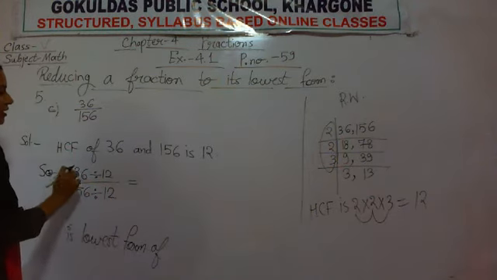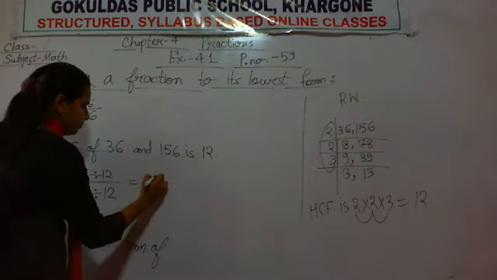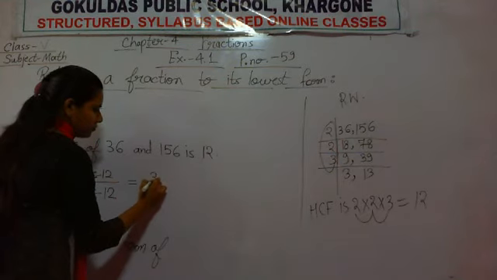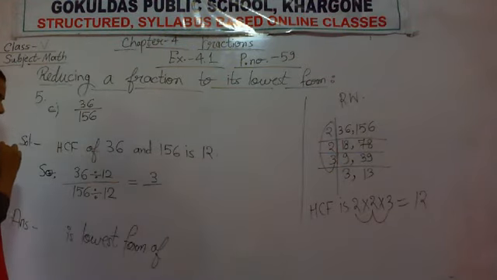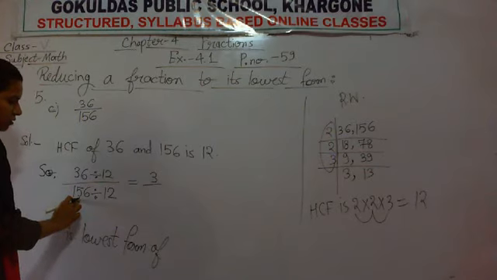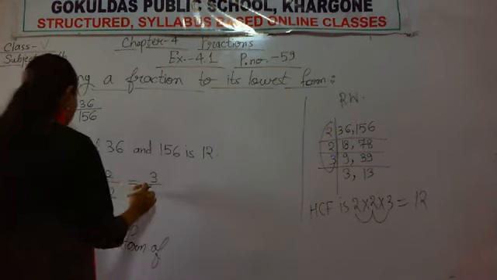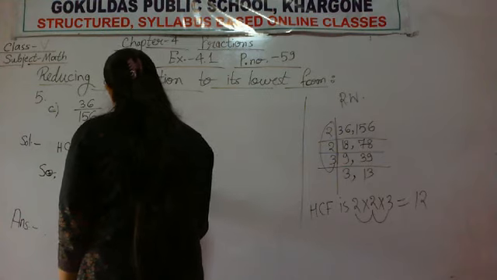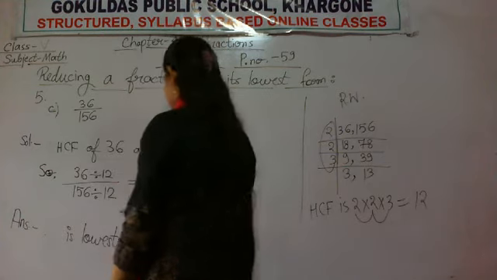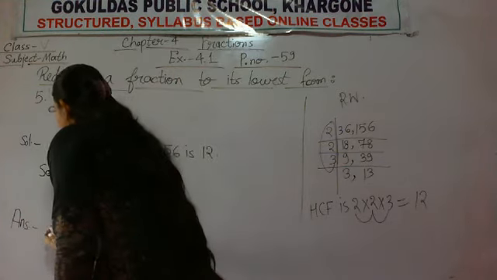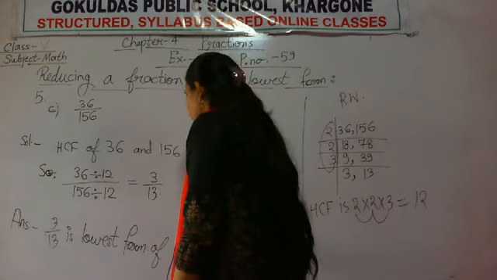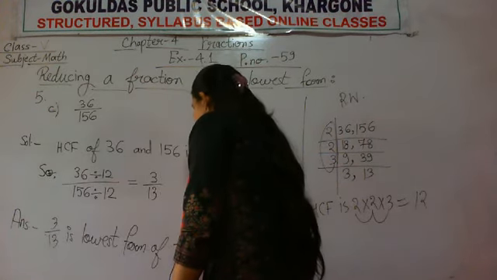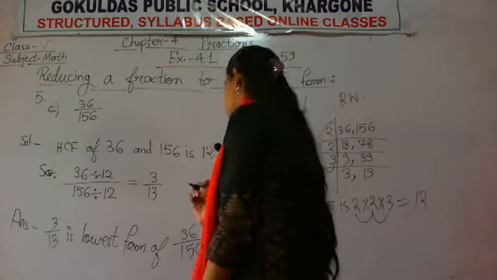Now when we divide 36 by 12, you will get 3. When you divide 156 by 12, your answer will be 13. So 3 upon 13 is the lowest form of 36 upon 156.